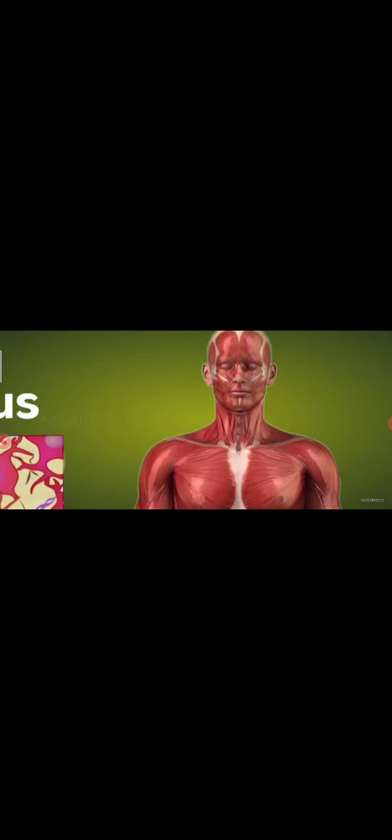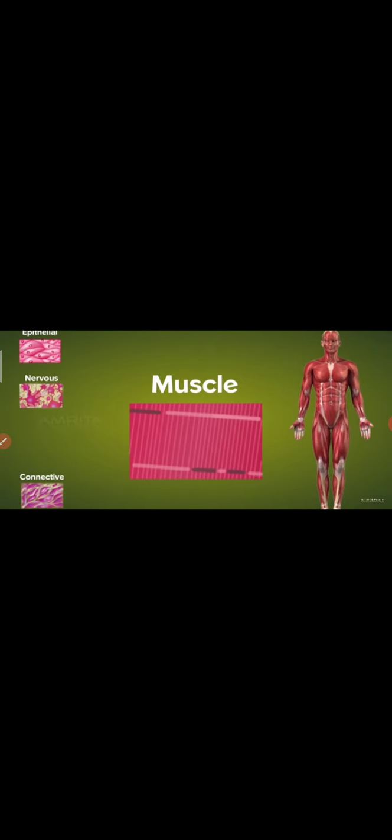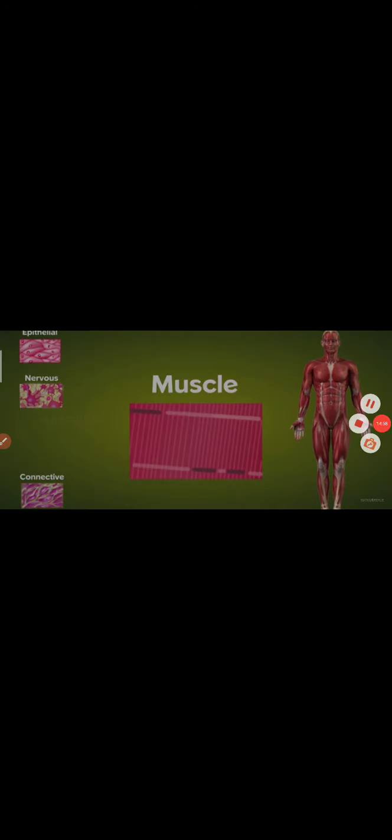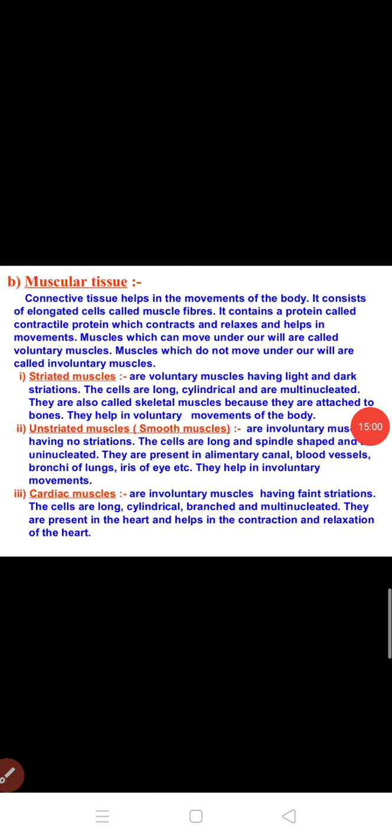The third tissue type is the muscle tissues that are responsible for the movement in our body. It consists of elongated cells called muscle fibers.